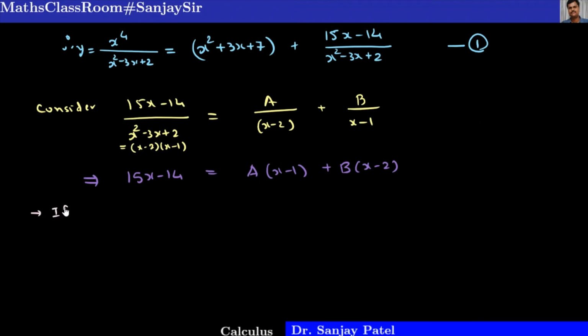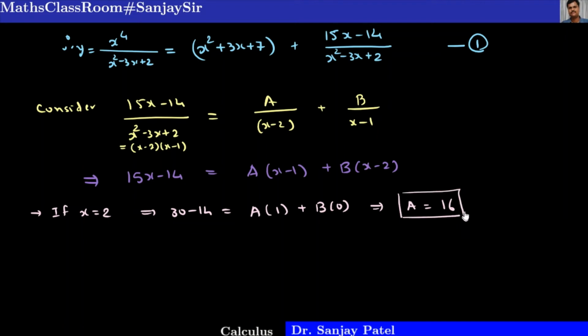So if we take x is equal to 2, we get 15 into 2, that is 30, minus 14 here, a into 2 minus 1, that is 1, and b into 0. So that gives me a is equal to 16, since 30 minus 14 is 16. So I am getting the value of the constant a as 16.